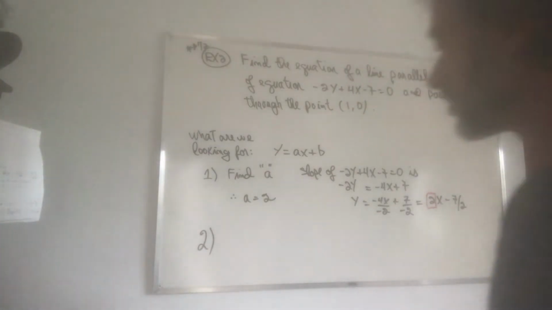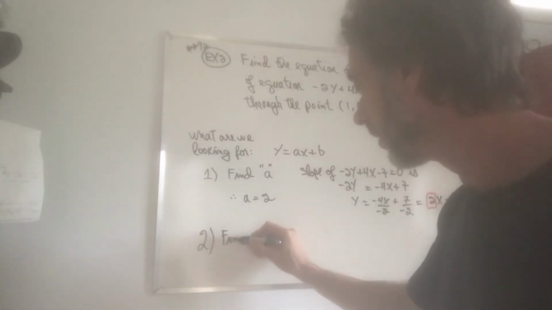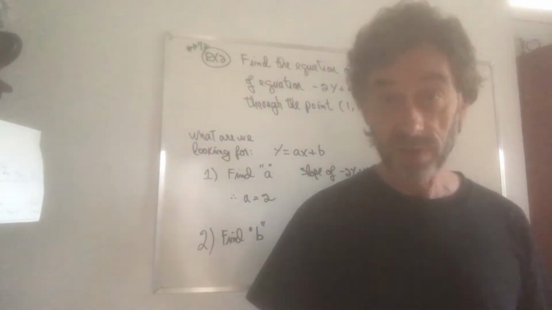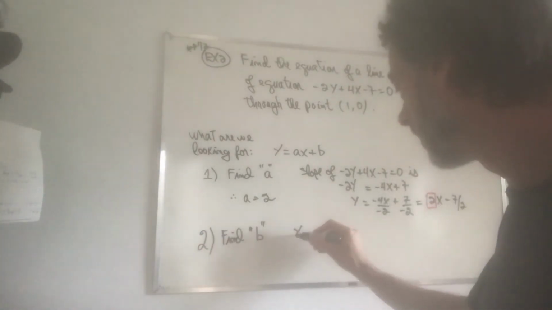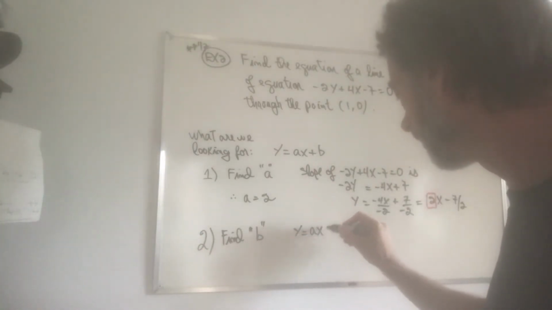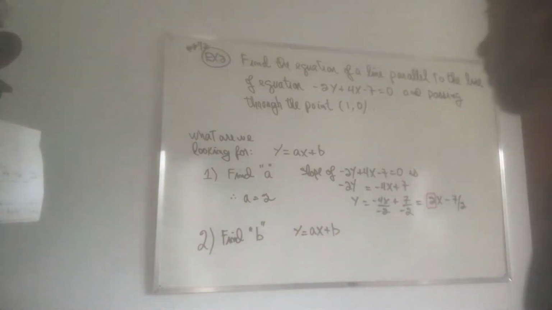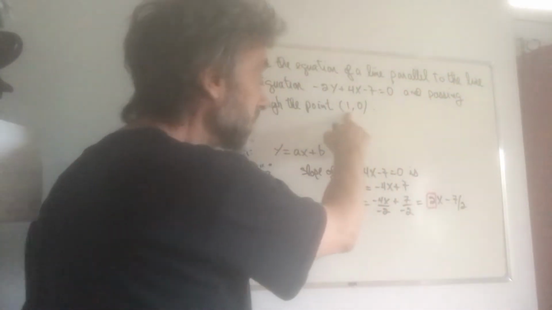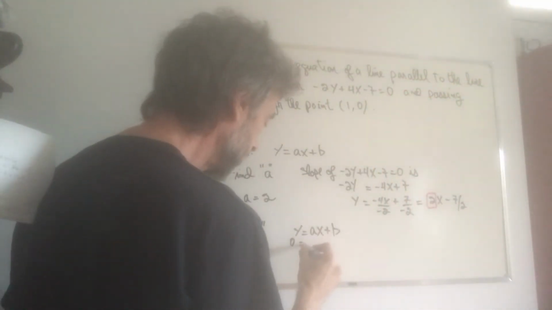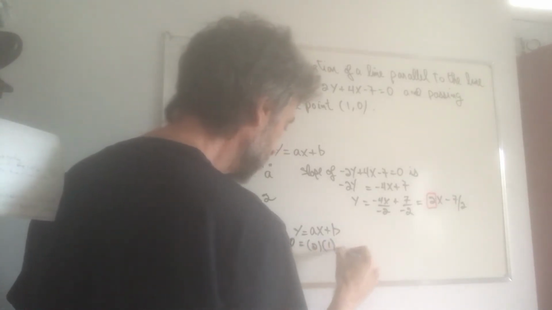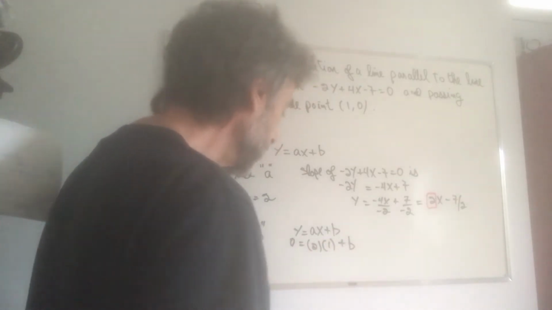Good. So we found a. Now we're going to find b. By following the same method as for the previous problem, we write down the general equation of a line and replace in it the one point we have, which is the point 1, 0. So x is 1 and y is 0, and my slope is 2.